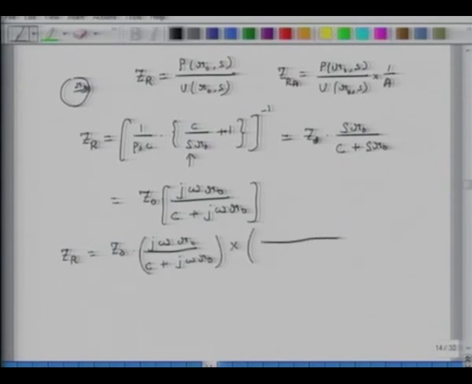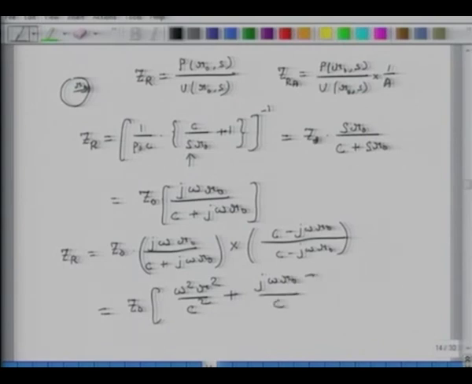So what I do is, I multiply and divide by C minus J omega R naught, and I also divide it. And what I get, if I do simplifications, is omega square R square over C square plus J omega R naught over C. So I will now plot this.